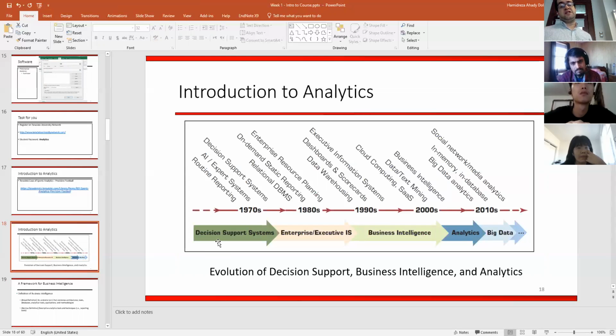In the 1990s, dashboards and scorecards were created. Also, their data was much larger, so they created data warehouses. Dashboards do really good things, and the name even comes from the car dashboard.